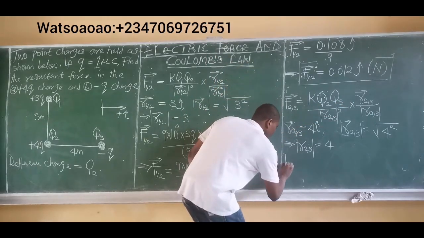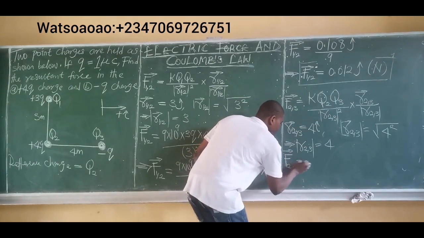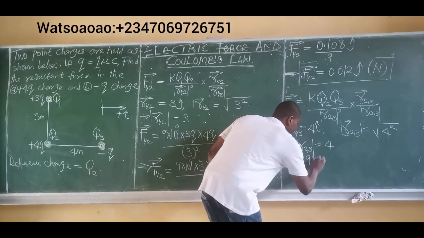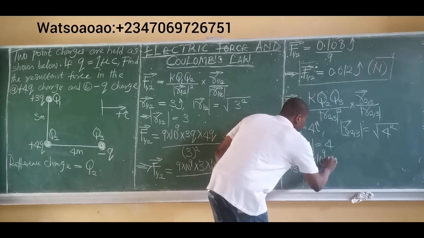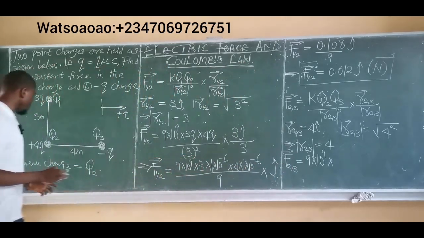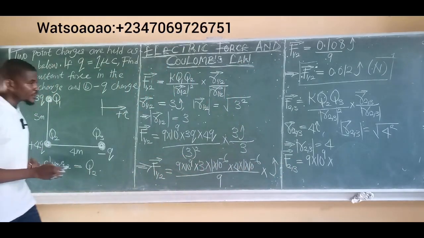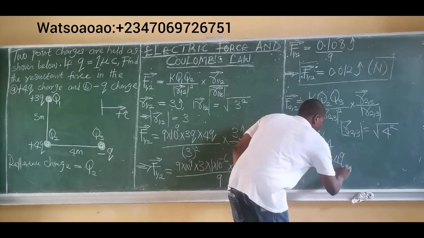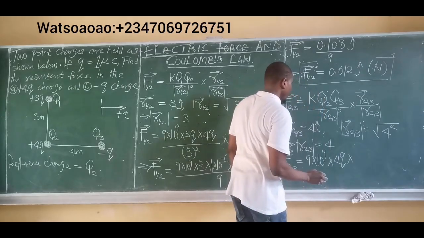Therefore, the force of attraction between charge 2 and charge 3 is now going to be equal to, we said, k, which remains 9 × 10^9, multiplied by Q2, and Q2 is my reference charge, which is the plus 4Q charge. So multiply by plus 4Q, multiplied by Q3.